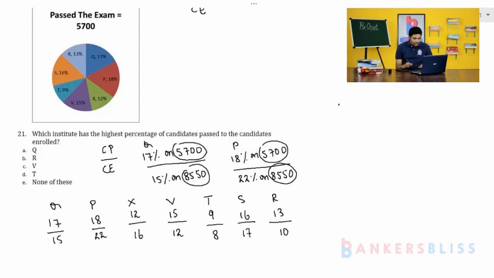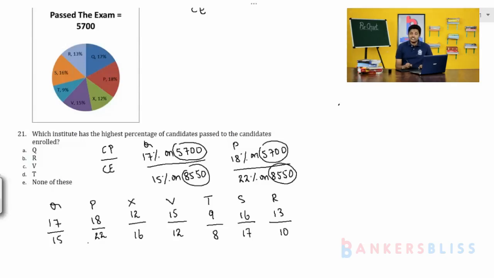You properly observe 17 by 15, where numerator is more than the denominator, then obviously the value will be more than 100%. Next, here 18 by 22, numerator is lesser than the denominator, then obviously the value is lesser than 100%.